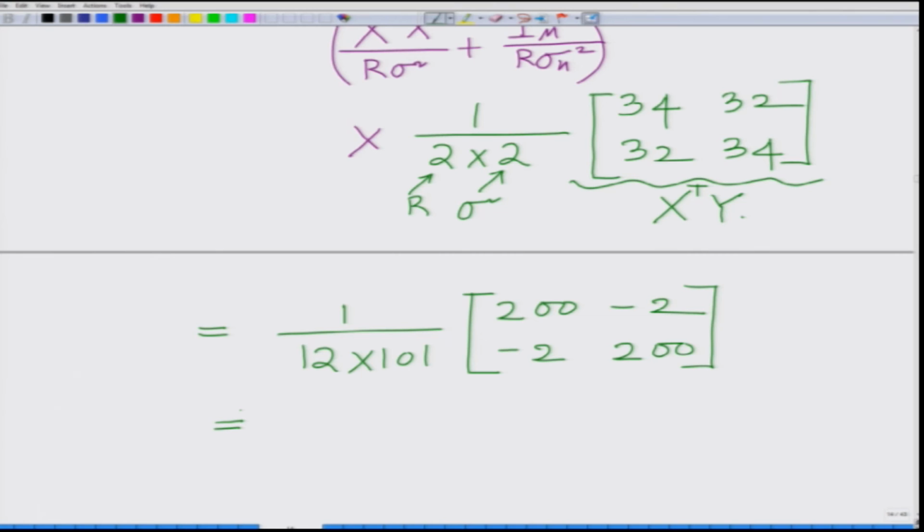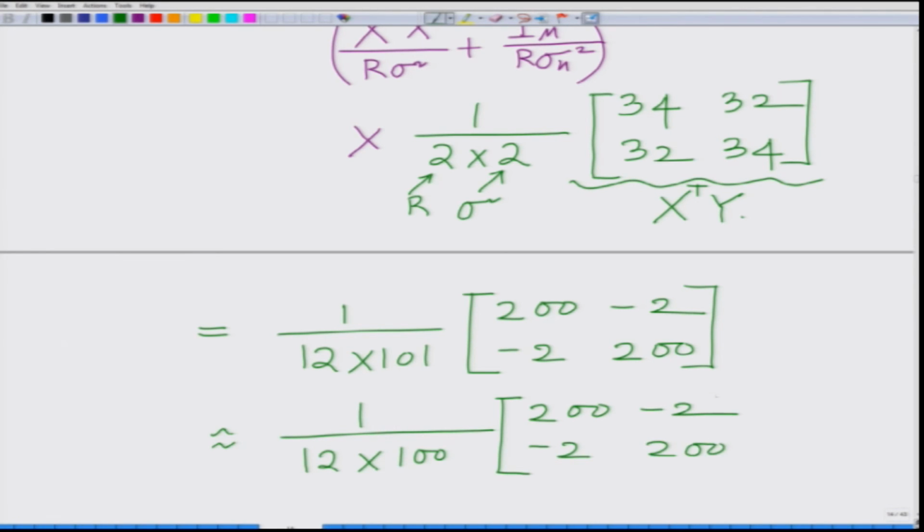Now, approximating this 101 as 100, this is approximately equal to 1 over 12 into 100 times 200 minus 2, minus 2 200.